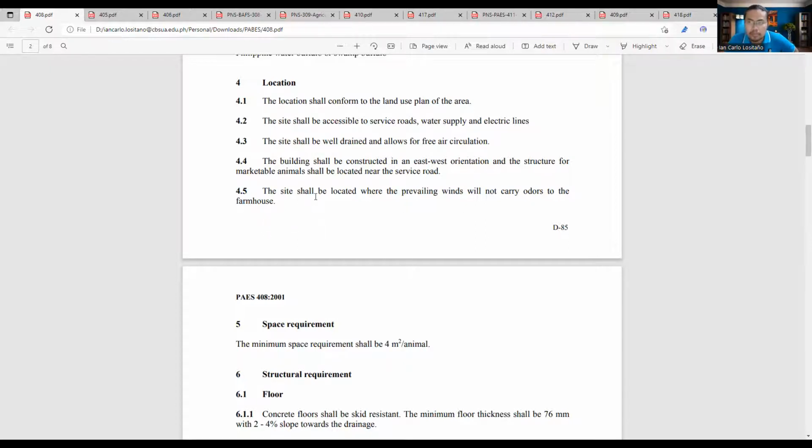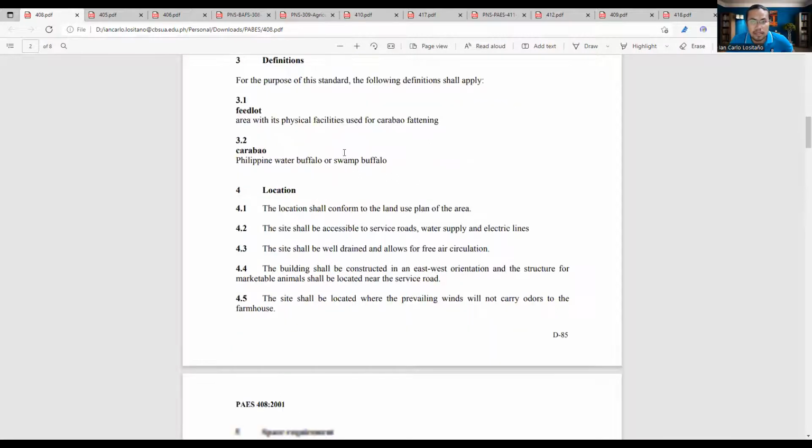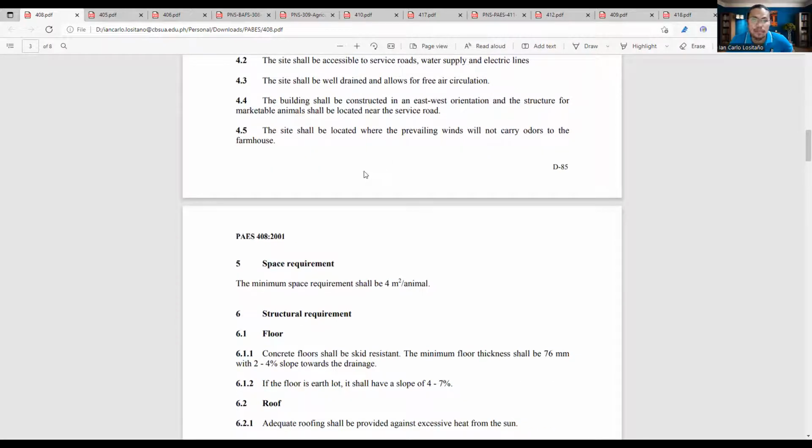This is a concern in most growing facilities for animals because unlike in conventional housing, such as for example this feedlot, the animals would be smelly, or the place would be smelly due to urine and feces.